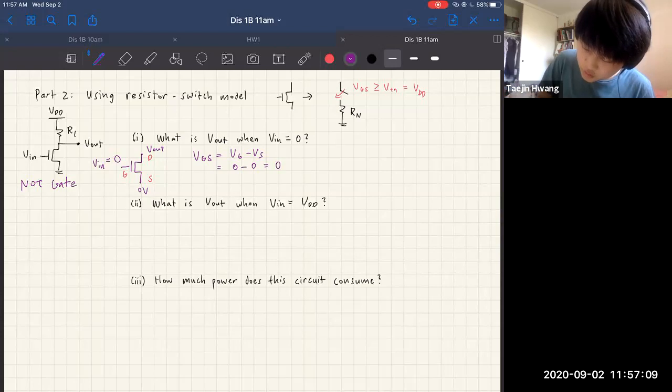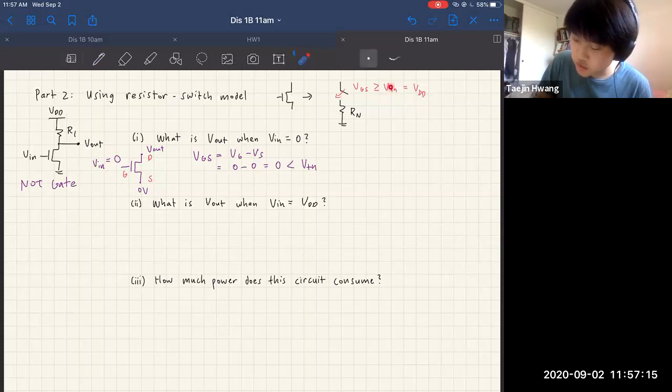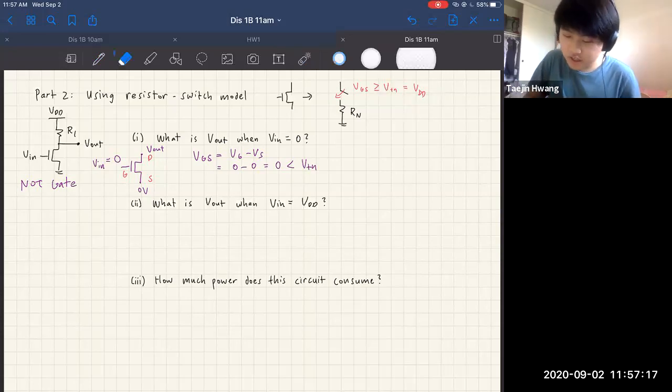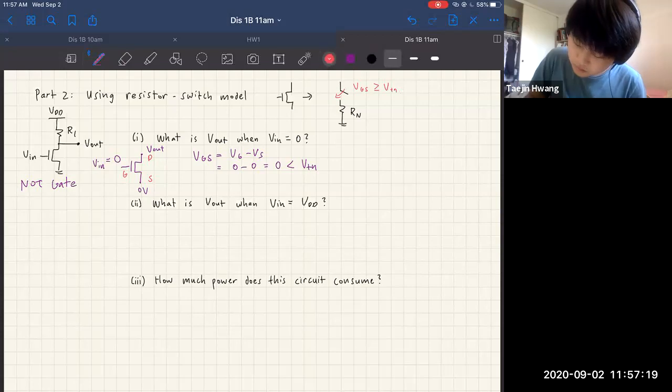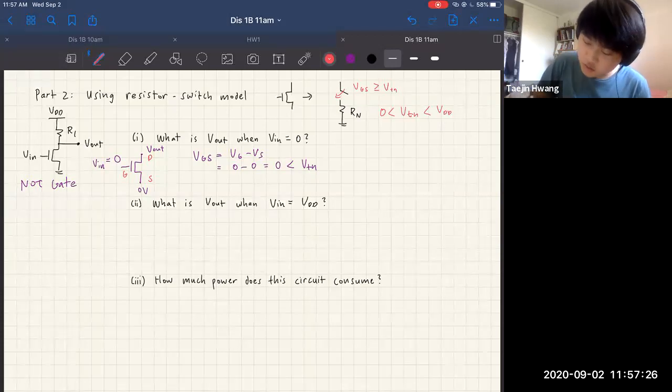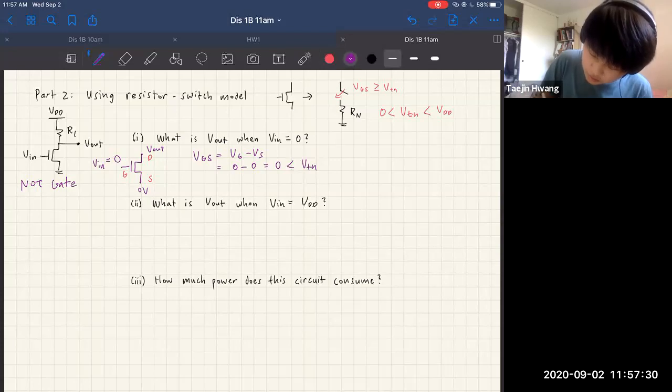I forgot to mention that the threshold here is in between 0 and VDD. So since 0 is less than the threshold, we can say that the NMOS is off, or open.